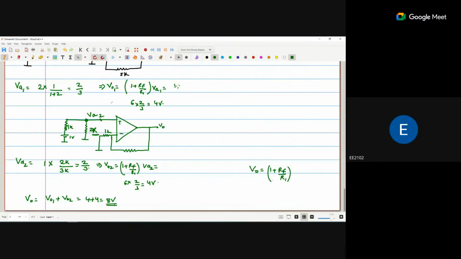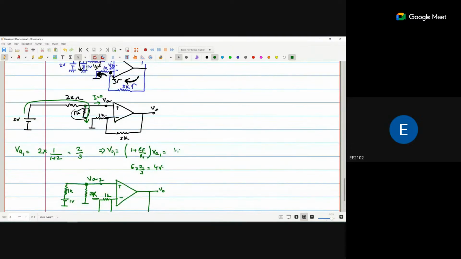So we are saying V1 into R2 upon R1 plus R2, plus V2 into R1 upon R1 plus R2. So we get a VA1. VA1 is what? If we consider the 2 volts, 2 volts multiplied by this resistance, so this is the V1, R1, 1 volt is the V2 and 1 kilo ohm is the R2.